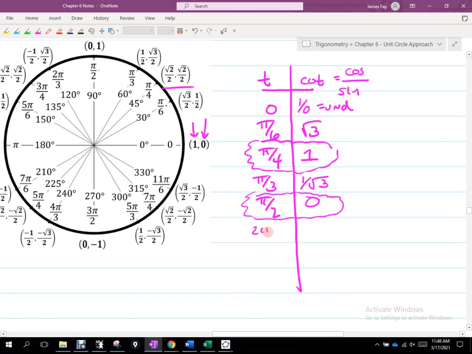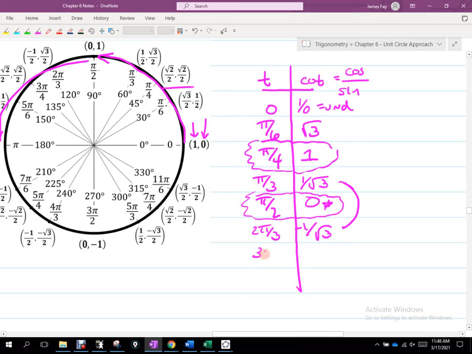If I keep going, 2 pi over 3. What happens here is that this first quadrant, as we go through those quotients, ends up being the same y values as this quadrant as we go that way, but negative. That's the transition. So when I do 2 pi over 3, it's going to be the same as what pi over 3 was, but negative.